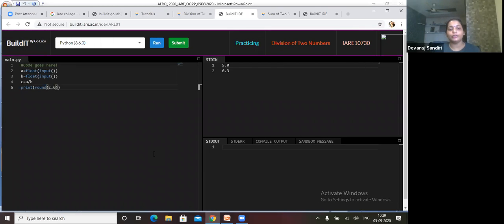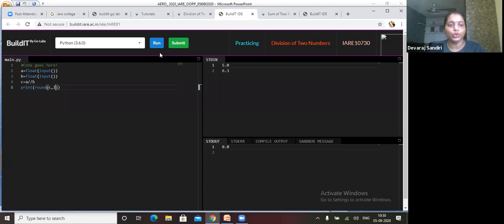No. You have to round off only the decimal points. Okay, not for integers, only decimal points. You want me to try it? 0.0 we are getting from rounding off. See here.